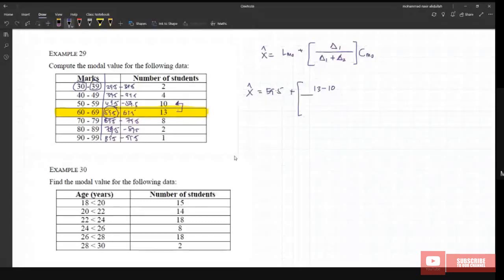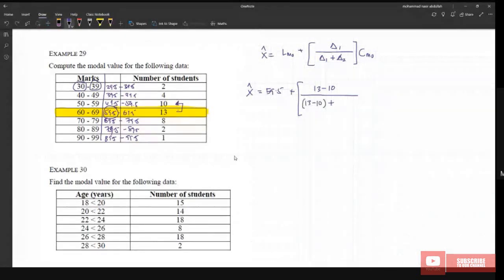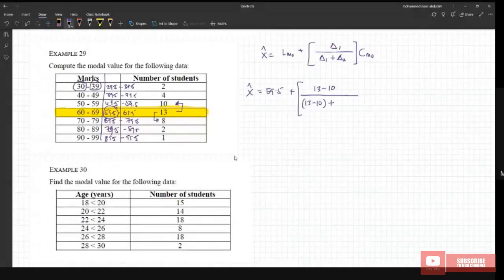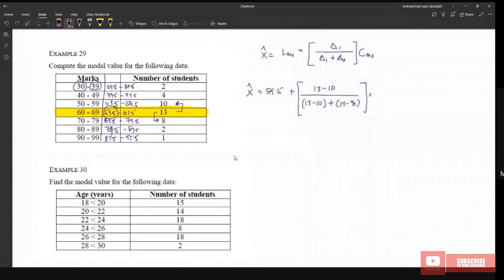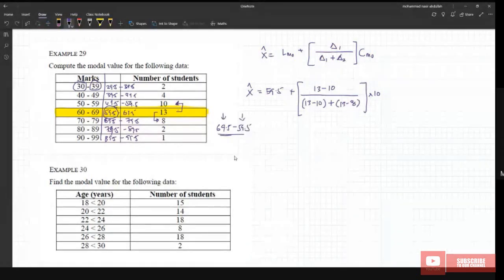So divided by theta 1, which is still the same, 13 minus 10, plus theta 2, the difference between the frequency of the modal class and the frequency after the modal class, which means 13 minus 8, multiplied by 10. The 10 means the class size. The class size is 69.5 minus 59.5, the upper class boundary minus the lower class boundary. So it should equal 10.